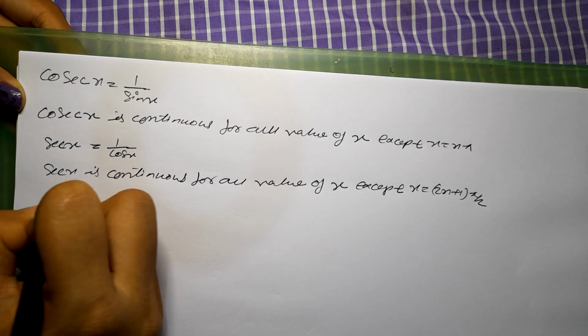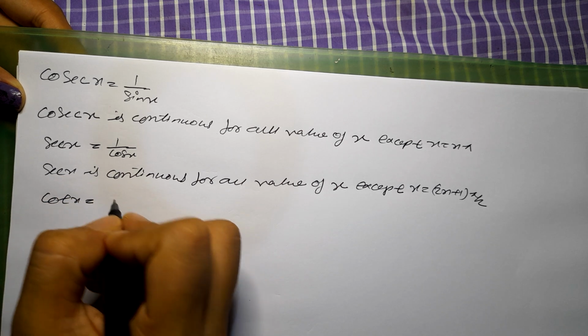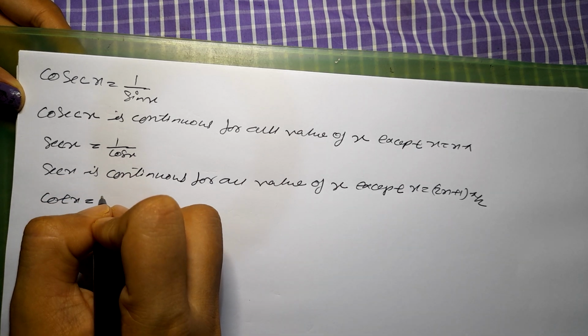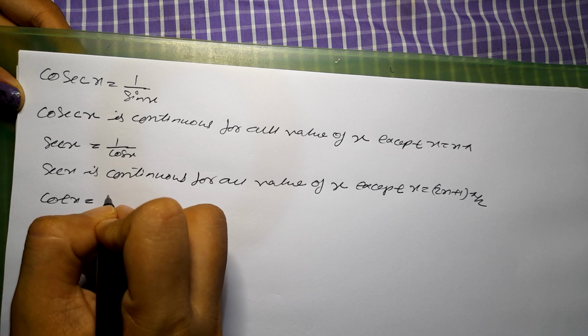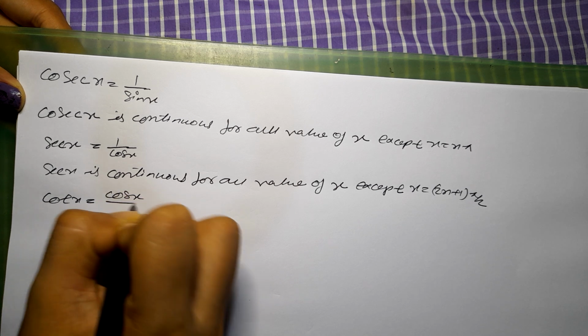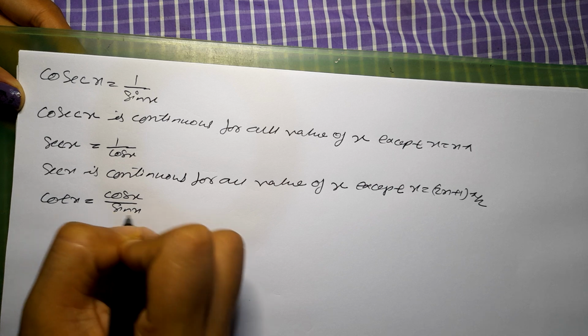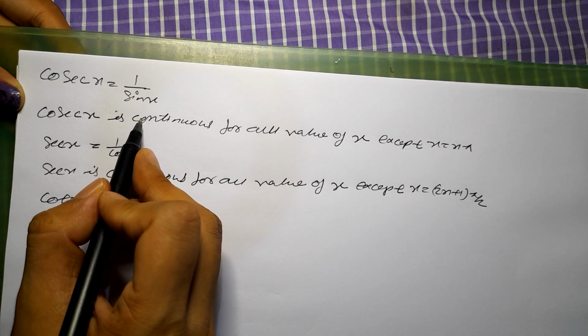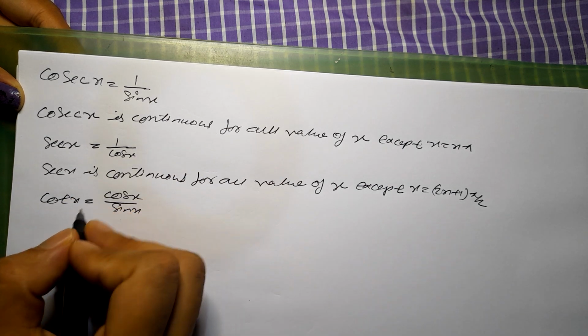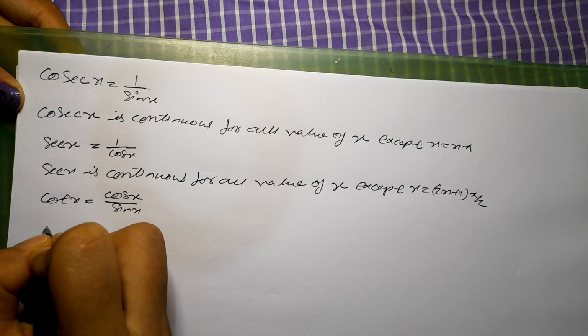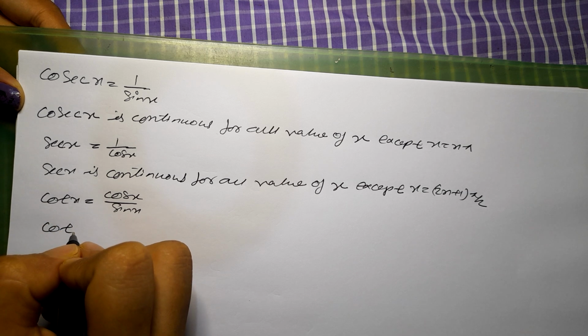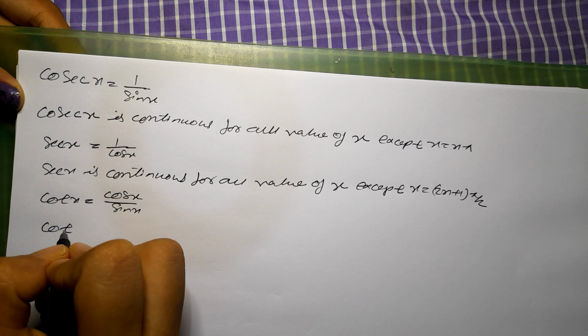Cot x, we know that cot x is cos x divided by sin x, where the sine is discontinuous, that is when sine gives 0, the same as cosec x. So we can find this for tan also in this way.